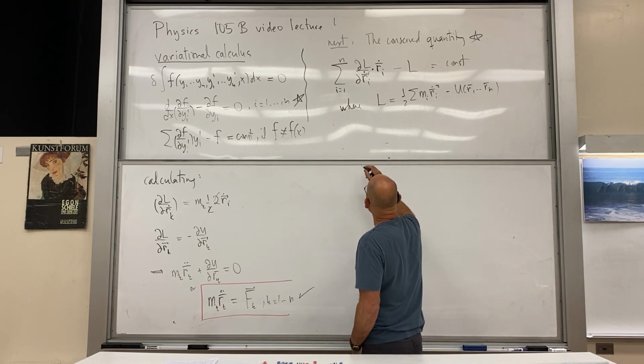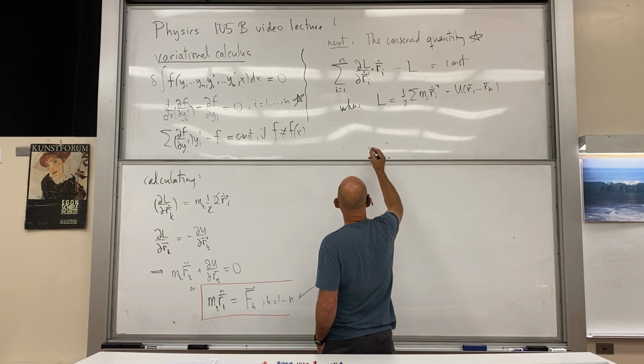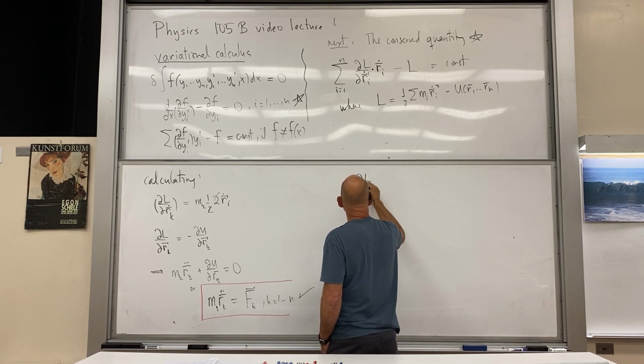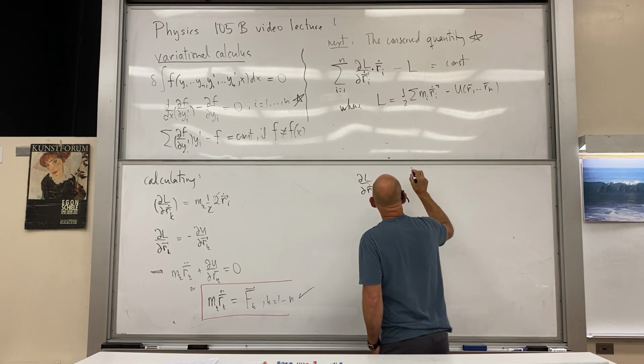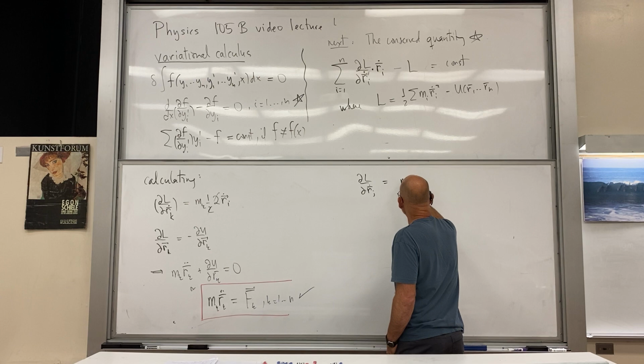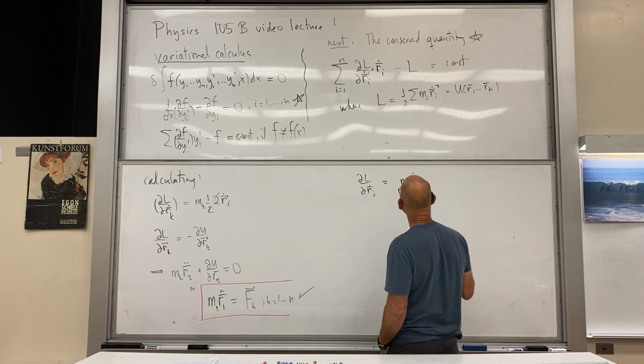Yes, so we have dL/d(r_j dot), we're going to use the letter j, equal to m_j r_j dot.